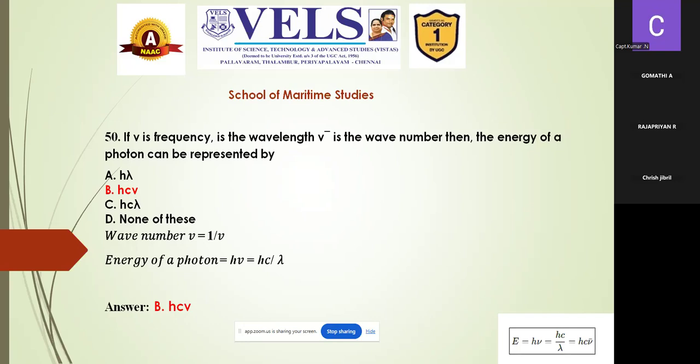Nu means frequency. Nu is equal to C by lambda. C represents the speed of light and lambda represents the wavelength. So E is equal to hc by lambda. 1 by lambda is equal to nu bar. So the final answer is hc nu bar.